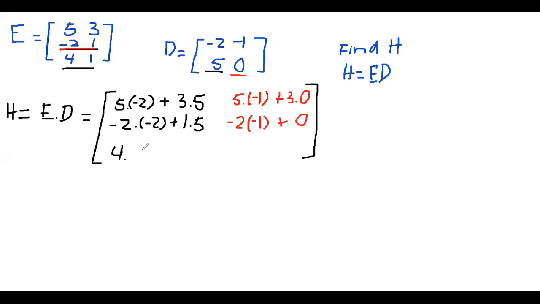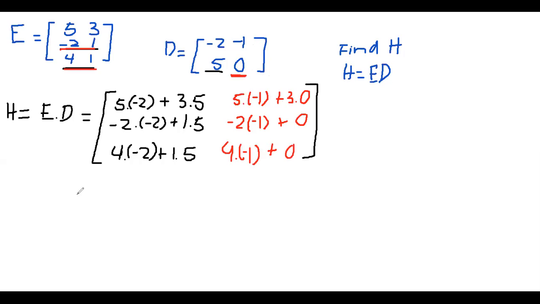So 4 times negative 2 plus 1 times 5. And the third row times the second column of the second matrix: 4 times negative 1 plus 1 times 0 is just going to be 0.